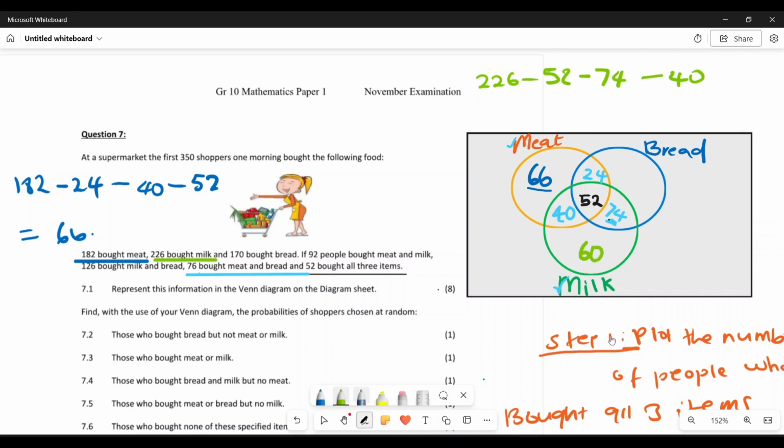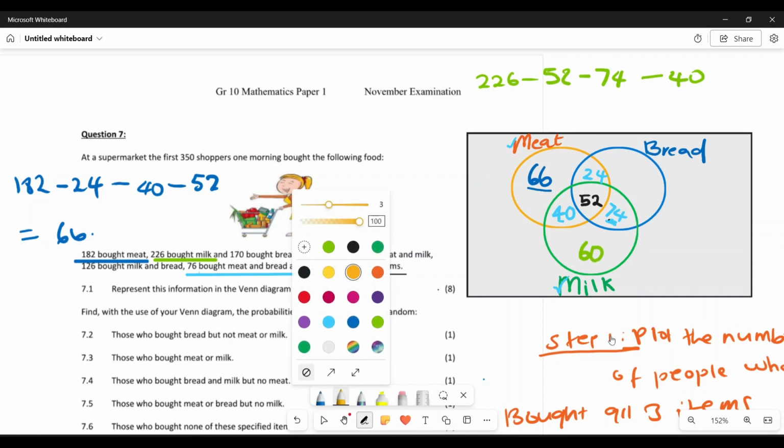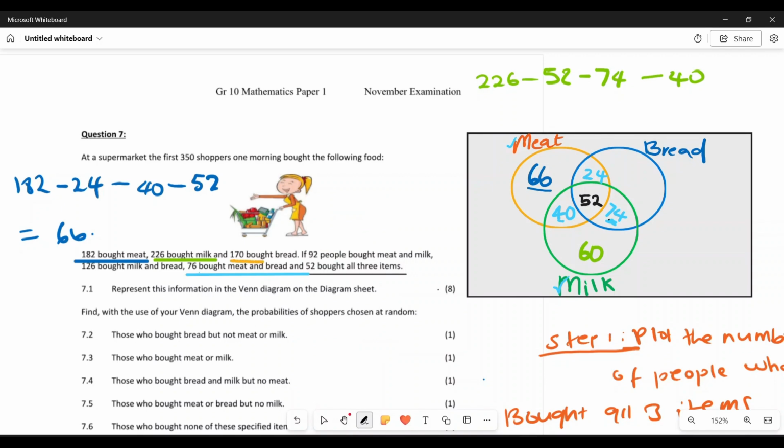And lastly, doing the same for bread. I'm told that 170 people in total bought bread. So to find the number of people who bought bread only, I say 170 minus the 52, which is for all three, minus the 24, which is for people who bought meat and bread, minus the 74, which is for the people who bought bread and milk. Punching that into my calculator, the number of people who bought bread only is equal to 20.